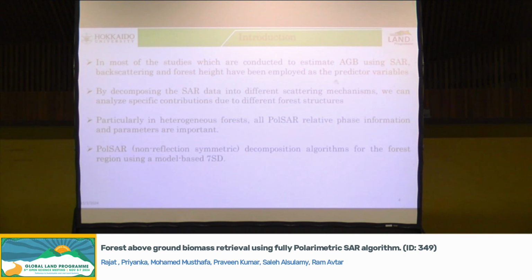So we decompose the total, and another reason is that SAR backscattering only contains the intensity information of the signal, but using the scattering power decompositions, we can also use the phase information of the signal. That is very important to understand the heterogeneity of the forest.